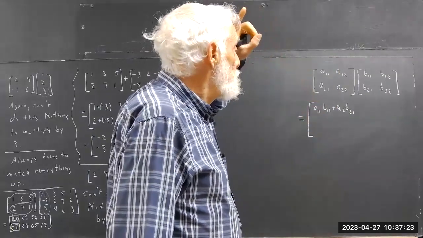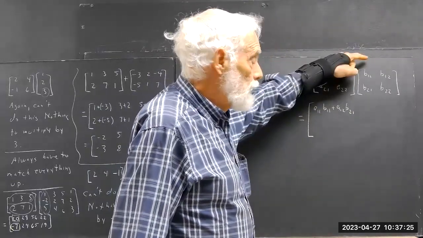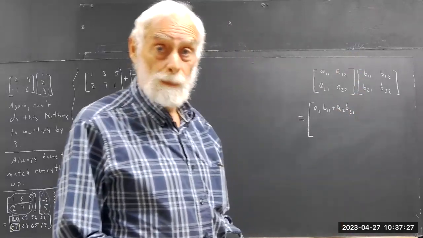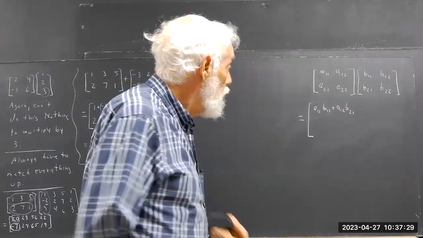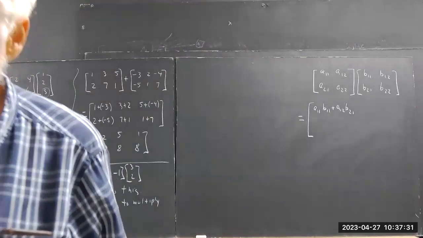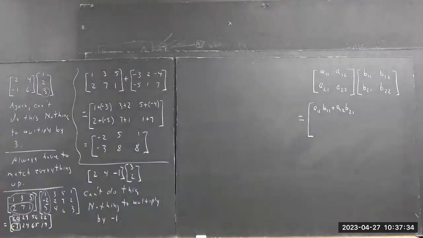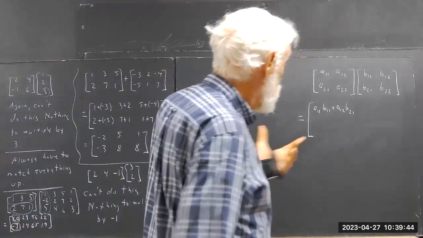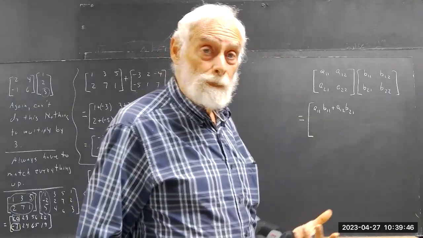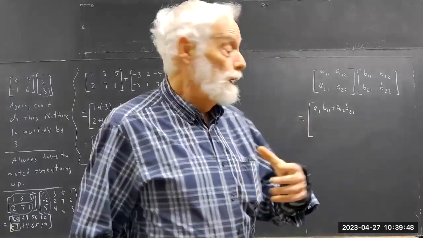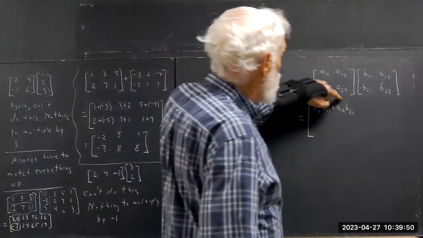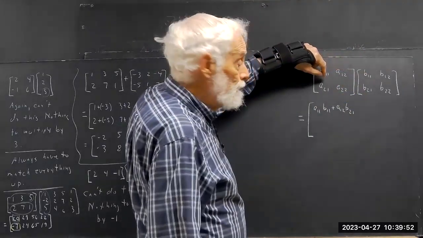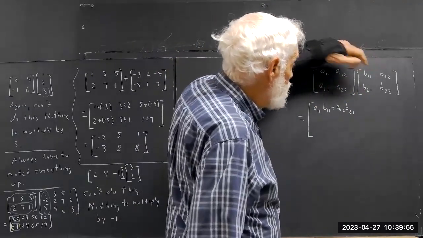Okay. Now, let's do the second row times the first column. Yeah, I've done it already. Okay. This is looking pretty good. Everybody's seeing most of the pattern, but let's make sure we see all of the pattern. Okay. The second row times the first column. A21 multiplies B11.